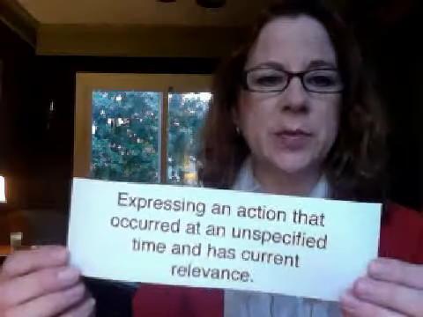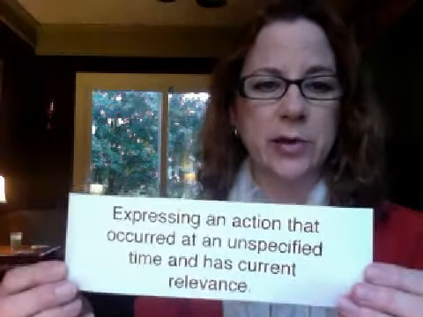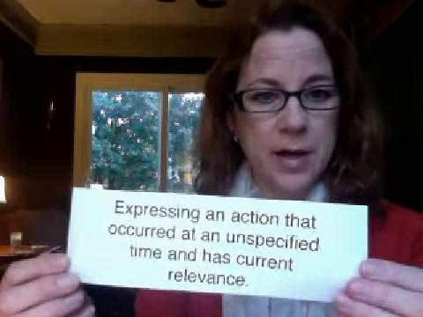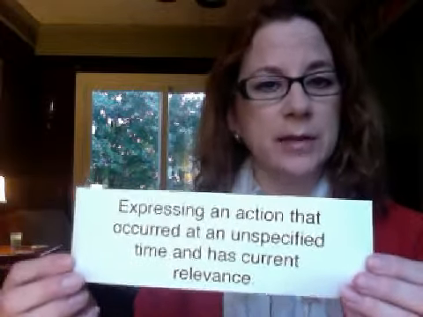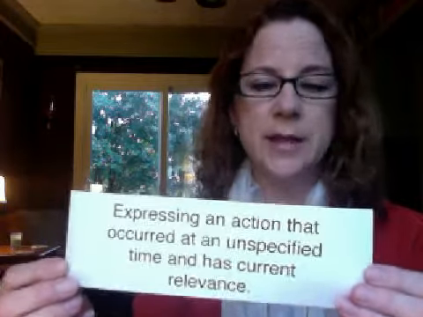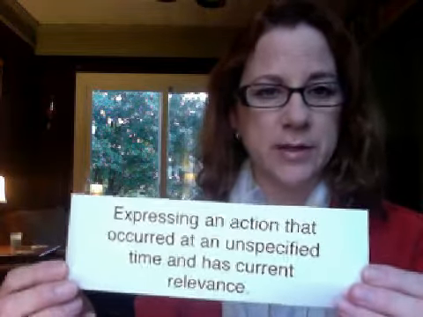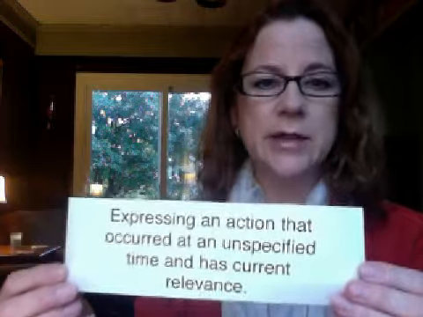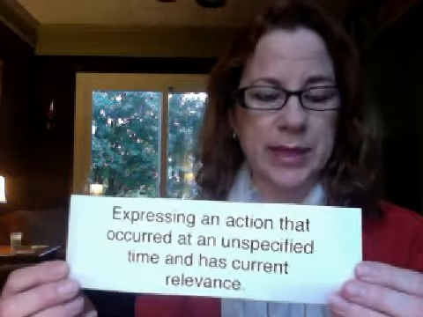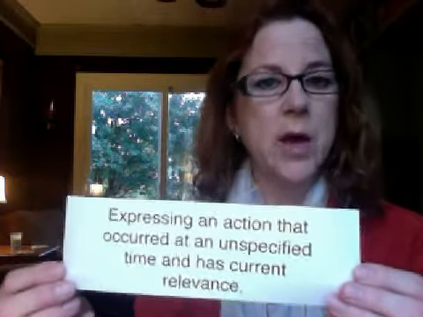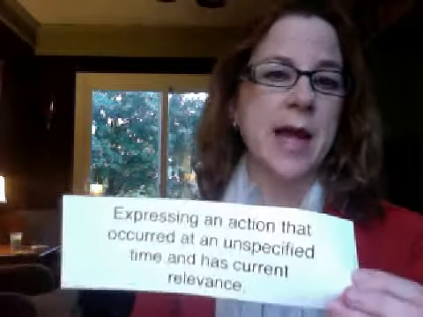Another way to use the present perfect is to express an action that occurred at an unspecified time, but it has current relevance now. Such as, he has read all of Jane Austen's novels. Now, there is an unspecified time that he completed reading all of the novels, but it has relevance now.